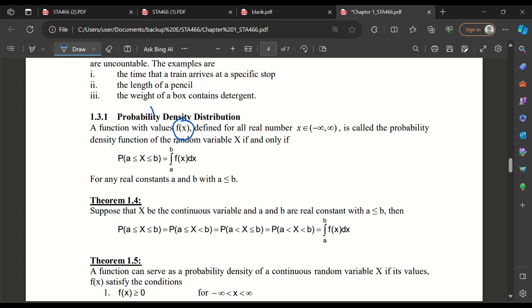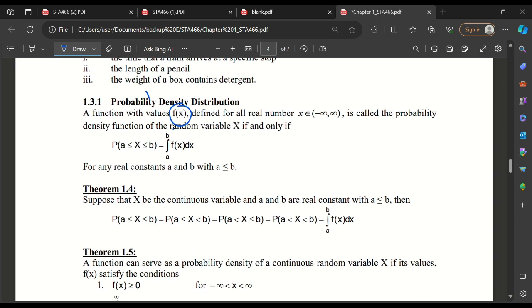Okay, if and only if the probability of x from a to b can be integrated as fx with respect to x from a to b.